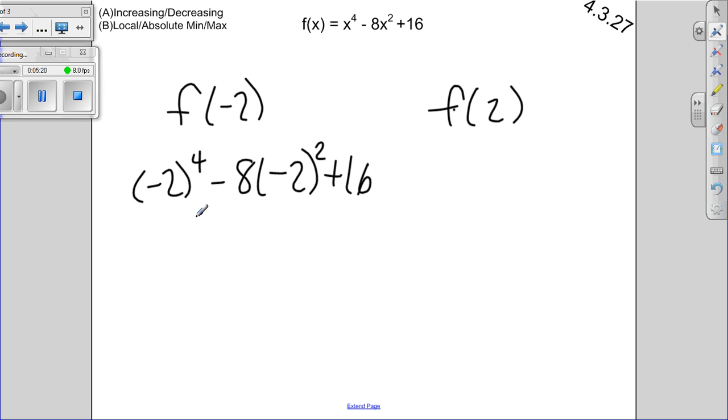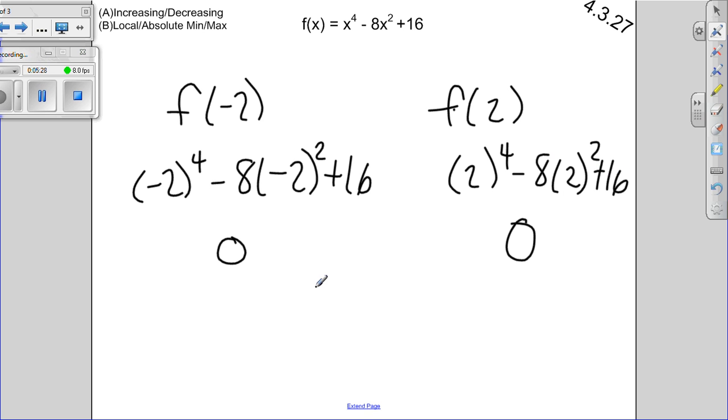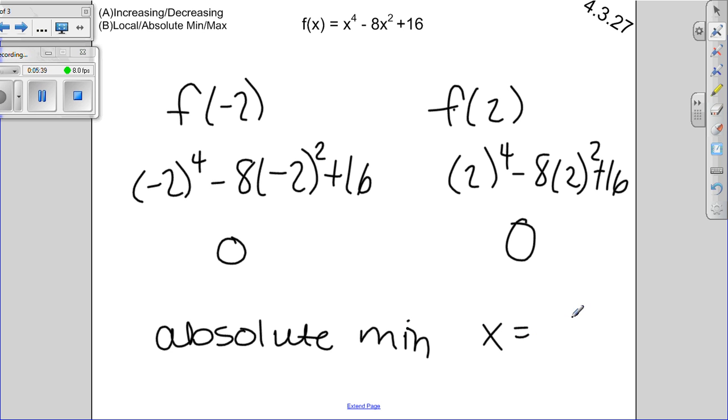If you multiply this all out and add, you're going to get 0. And then likewise over here, you're going to get 0. So we have an absolute minimum. We have two of them. We have one at x equals 2 and one at x equals -2.